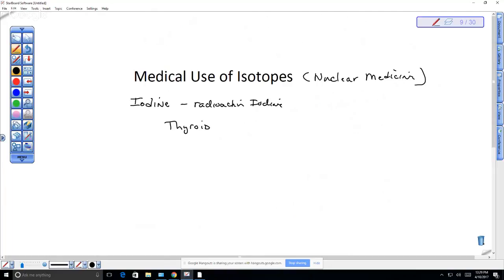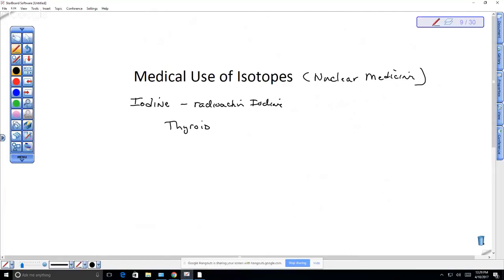So our thyroid gland is located in our throat region. And if you don't have iodine, the thyroid gland will start to swell. That's because it's producing a protein, but that protein has to be combined with iodine in order to release the hormone. So the thyroid produces a hormone that actually helps to regulate our metabolic rate.